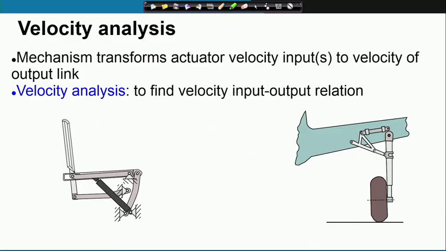Now, this output link could have a translatory motion or a rotary motion, or it may have motion in the plane or in space, it may also have orientation, etc. So, the problem of velocity analysis is to find the velocity input output relation. Input output means from the actuator to the output, and the reverse.